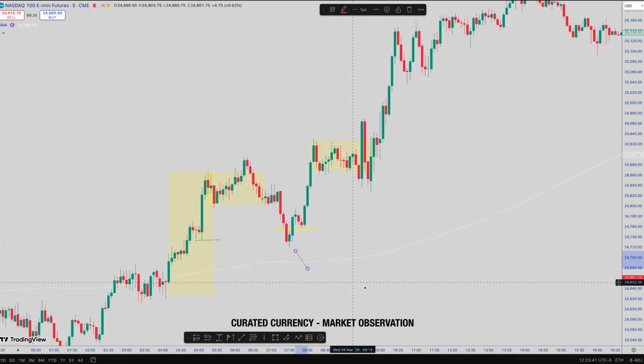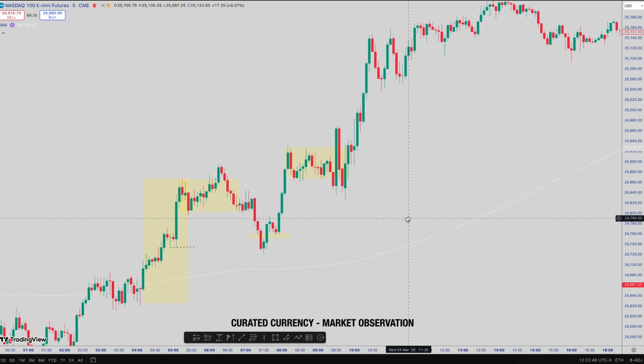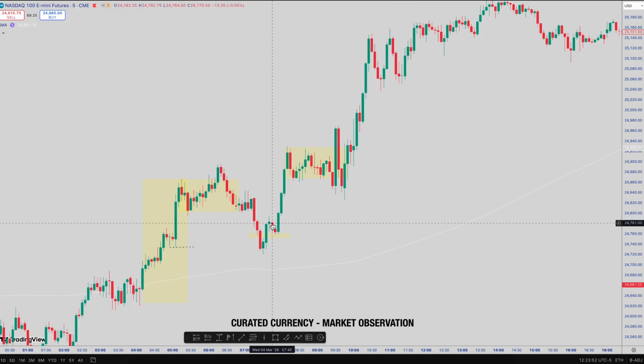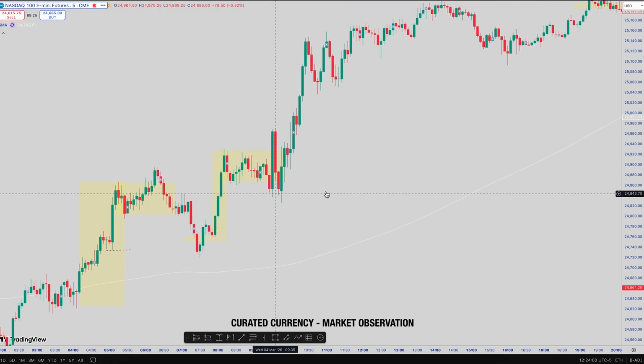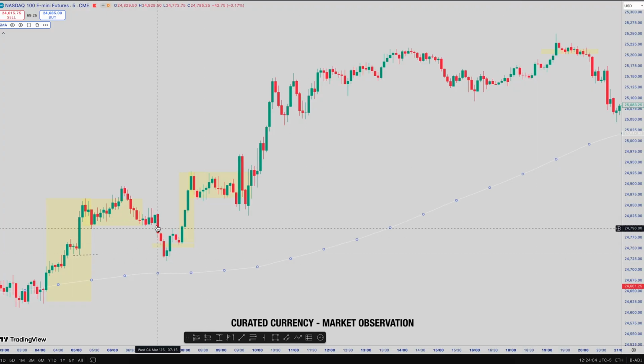It could continue lower, or it could stabilize and reclaim structure. And here you see that the market doesn't stay weak for very long. Price responds, it stabilizes, and begins to push back higher, which tells us that the move lower was more about clearing positioning than beginning a new downside move.